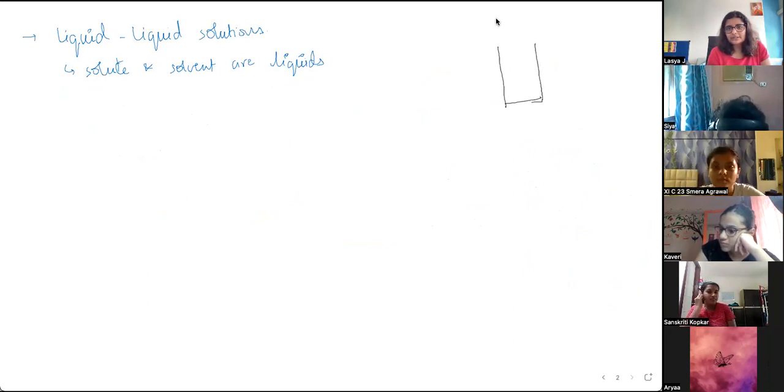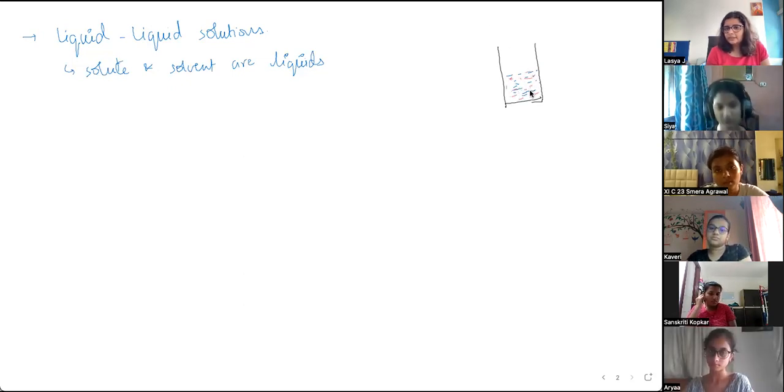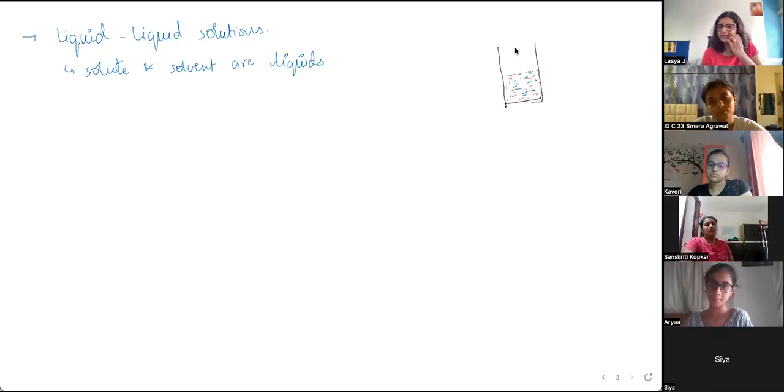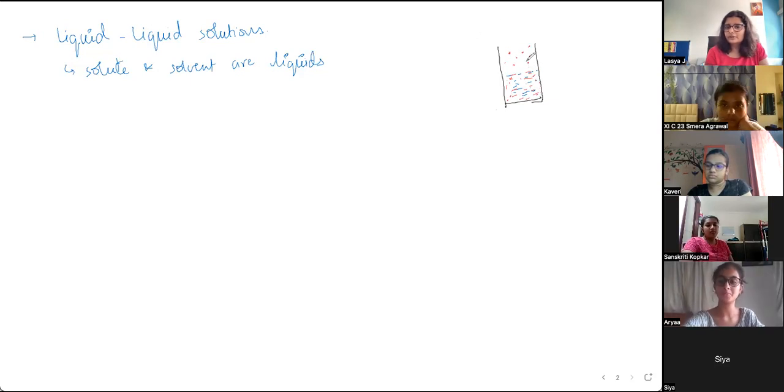This is the glass. Let's say we are mixing a blue liquid and a red liquid. We have a blue liquid and we mixed some amount of red liquid in it. Because both of them are liquids, both molecules will have a tendency to evaporate. So above it we have the molecules of the solute as well as the solvent, both are there.